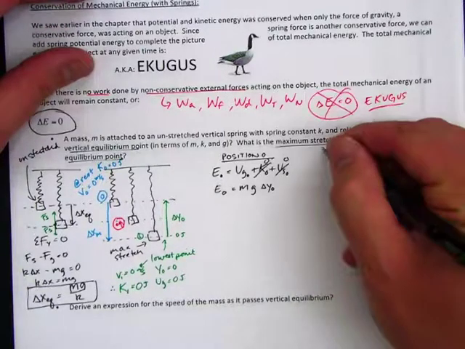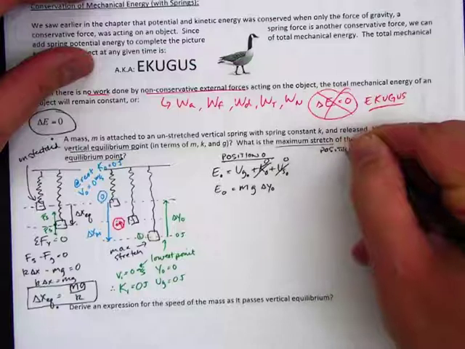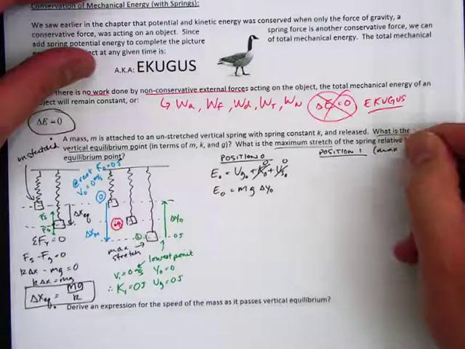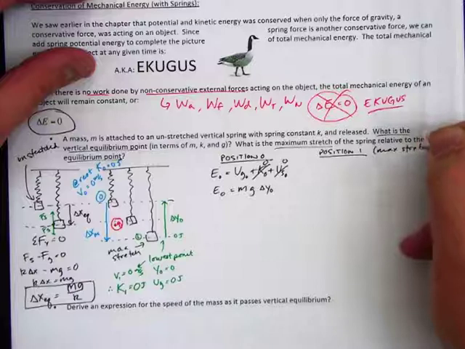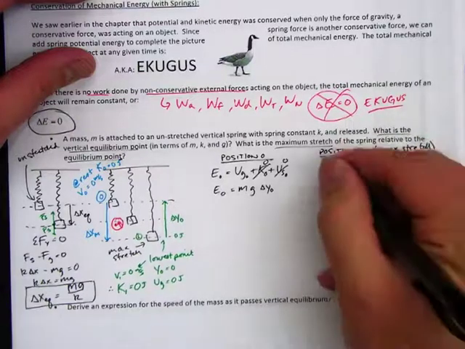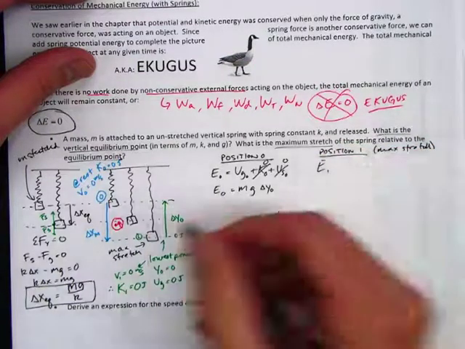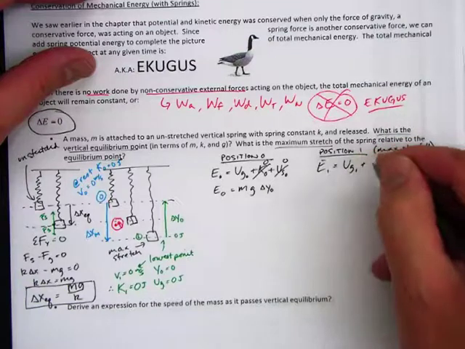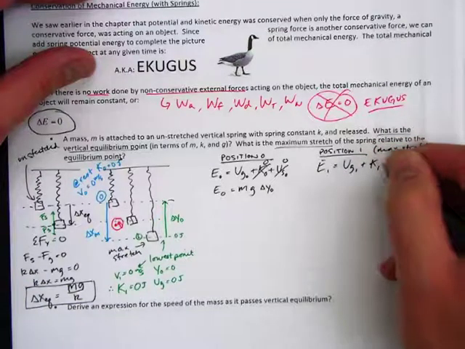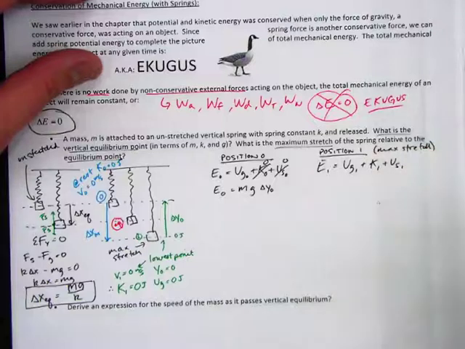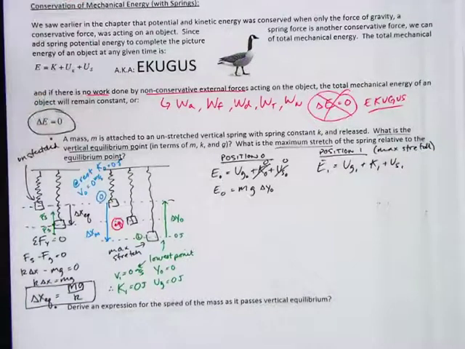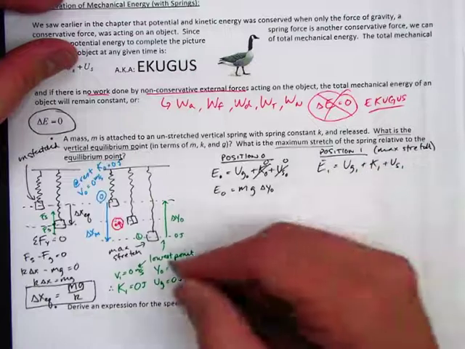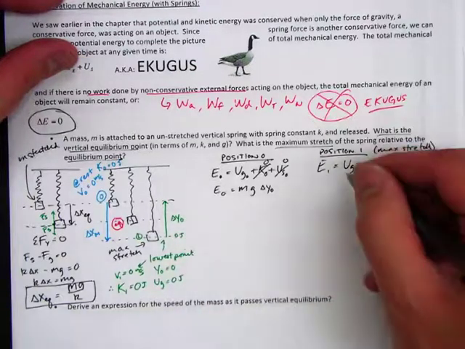Now let's look at position 1. And that's my max stretch. So at max stretch, my total mechanical energy is going to be my gravitational potential at 1 plus my kinetic at 1 plus my U spring at 1. You can write these in any order. I'm maybe not consistent with that. But when we look at position 1, we know that I'm at my lowest point, and I've set that as my 0 potential.